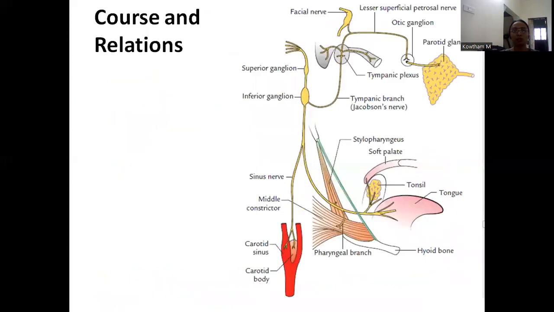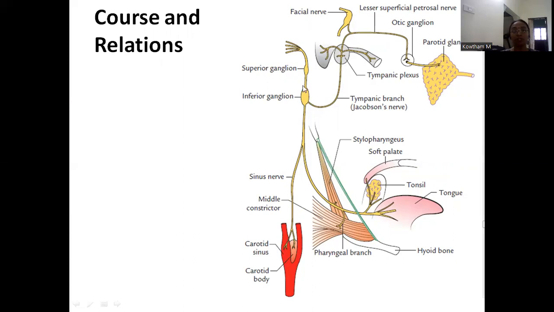After emerging, these join to form a single trunk, and it enters the jugular foramen. Here it has 2 ganglia, the superior ganglion and the inferior ganglion. Usually the superior ganglion is a detached part of the inferior ganglion and does not give any branches.